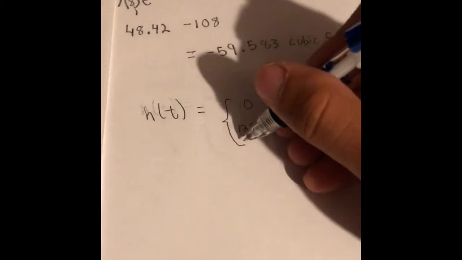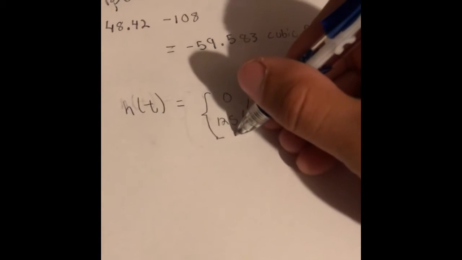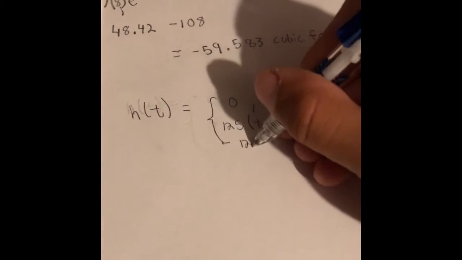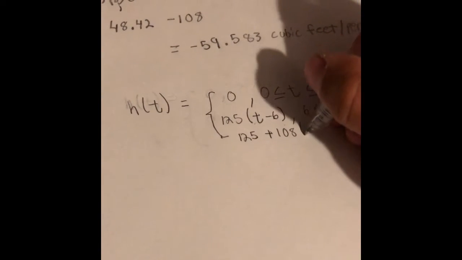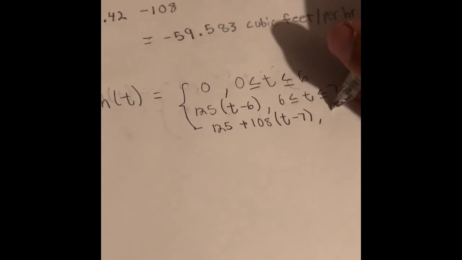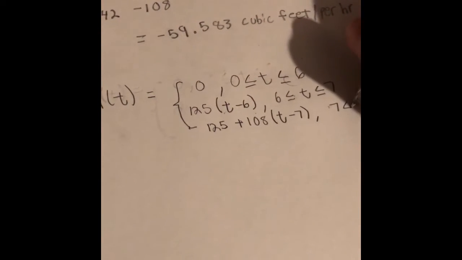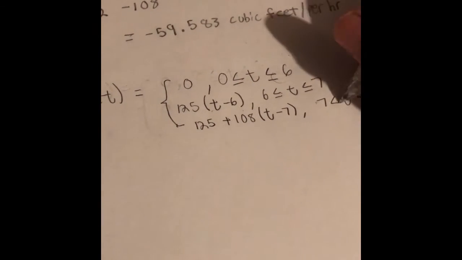And the next one is 125 plus 108 sine (t minus 7) from 7 to 9.